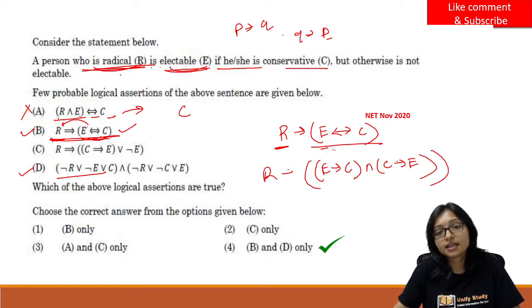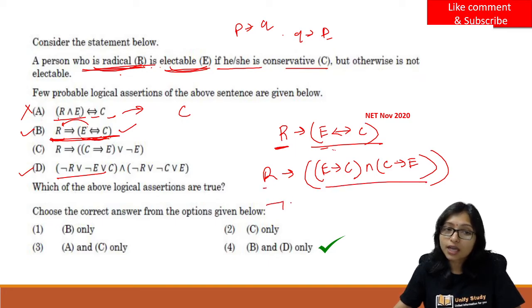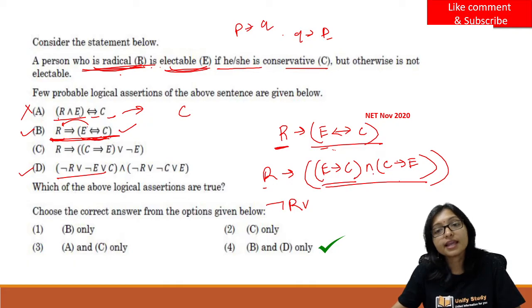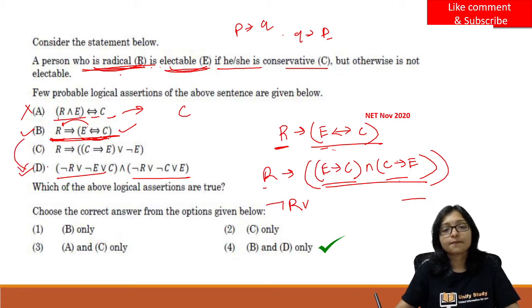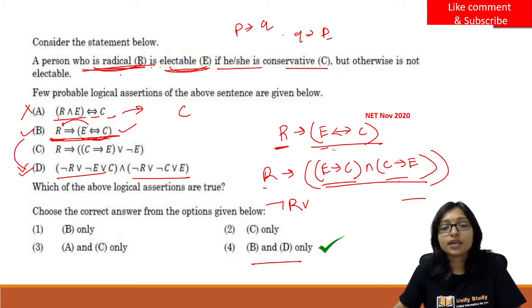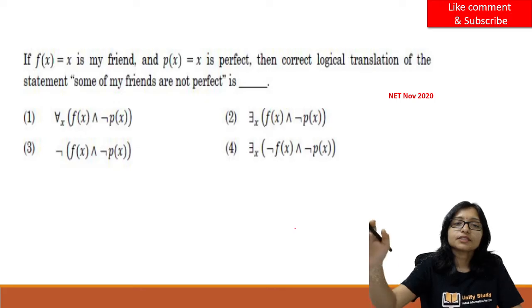And outside there is R. So this is your P, this is your Q, meaning not R or this part. Again, this will be not R or this part. So it is actually the expanded format of B. That's why the answer will be B and D. Clear? I hope this is clear.